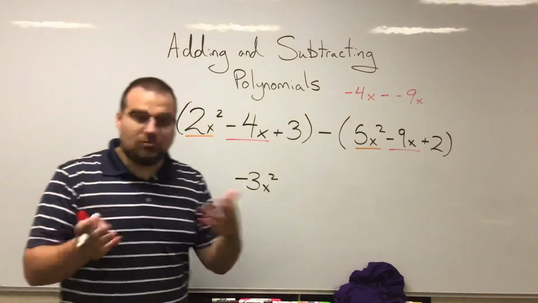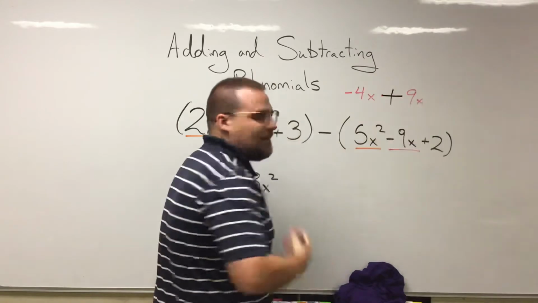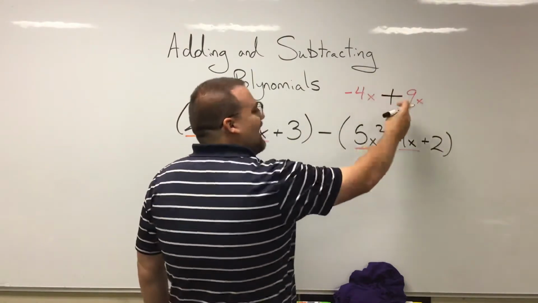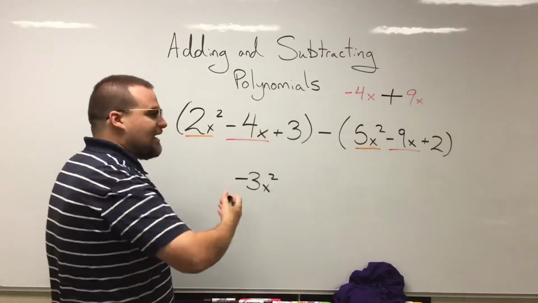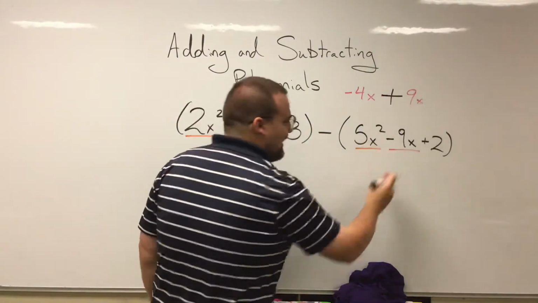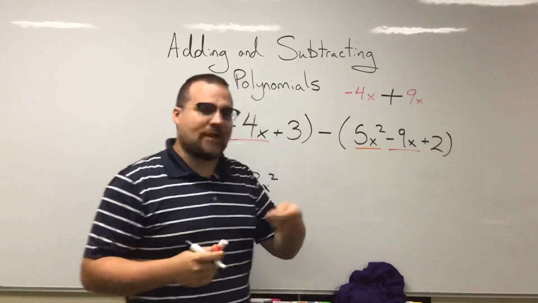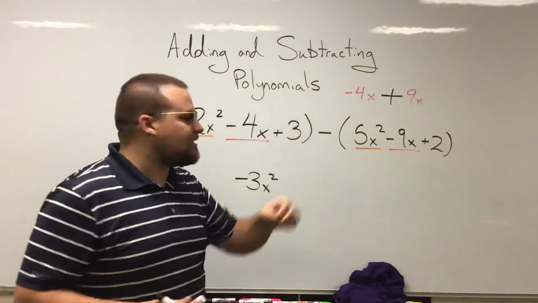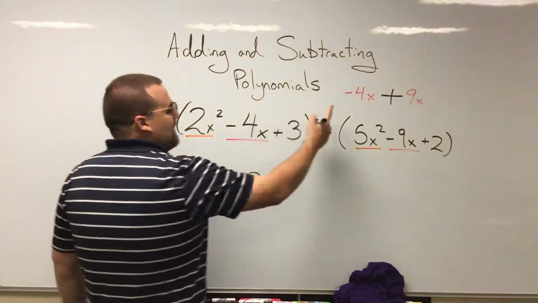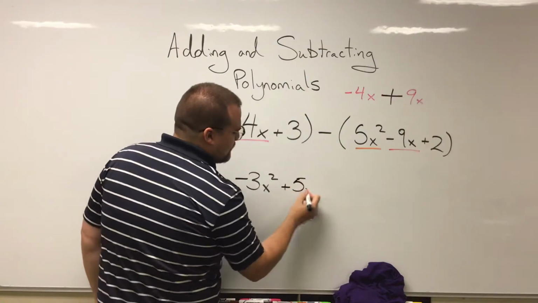Exactly. The two lines combine to make a plus sign. At least that's the rhyme I like to use. So we are actually going to be adding the 9x to the negative 4x, despite the fact that we have a subtraction sign here and it's a negative 9x. Both of those work together to actually add. That's why it's so important to keep the signs in mind with what we're doing. So negative 4x plus 9x is going to end up being positive 5x.